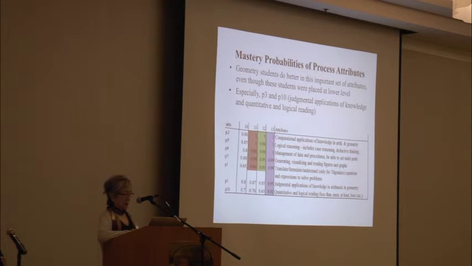And P10 is quantitative and logical reading, such as less than, at least, and so on. And 5 more thinking skills. P2 is computational applications of knowledge in arithmetic and geometry.